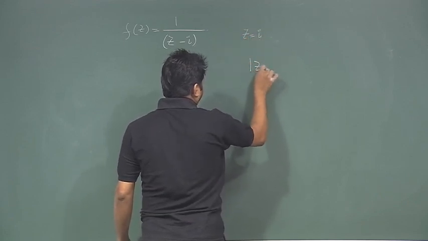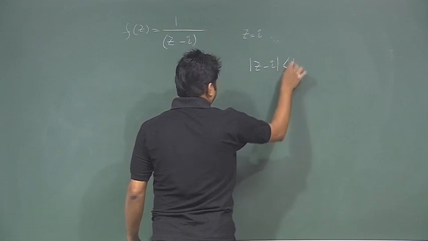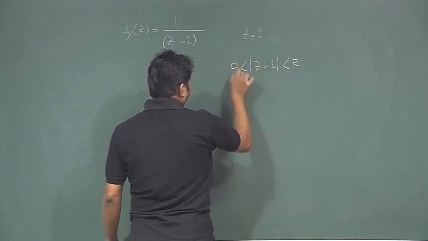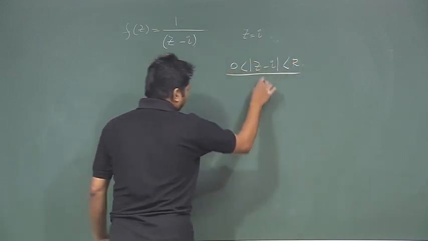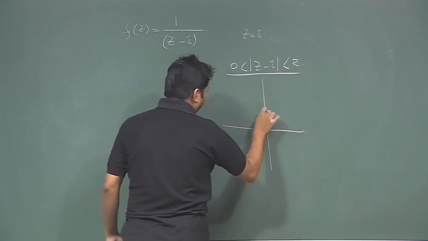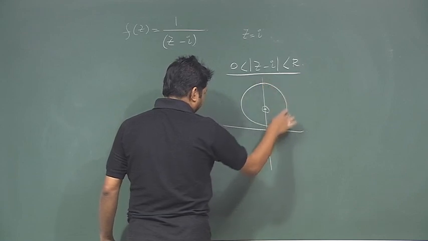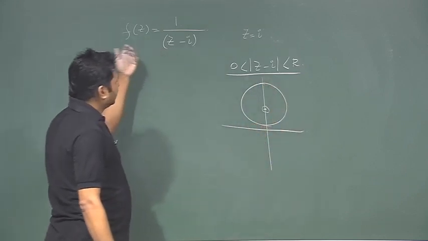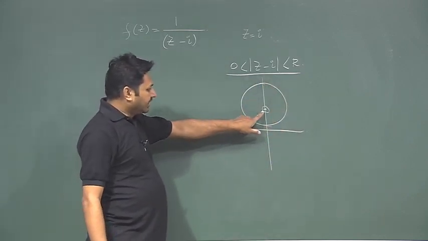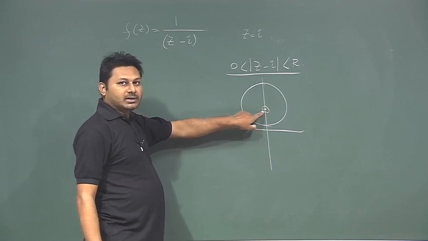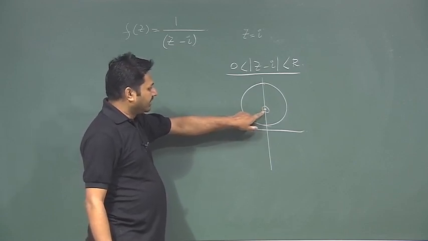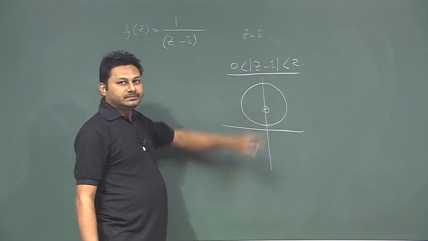So, if I take 0 less than mod of z minus i less than some r, I cut this point and take some neighborhood, I find this function is still analytic except at that point, z equal to i. So, that means this point is a singular point. Okay.